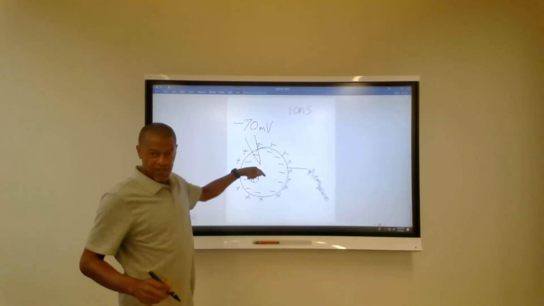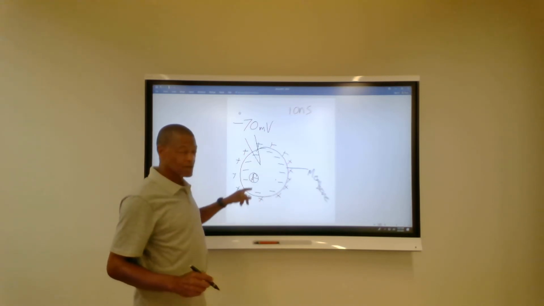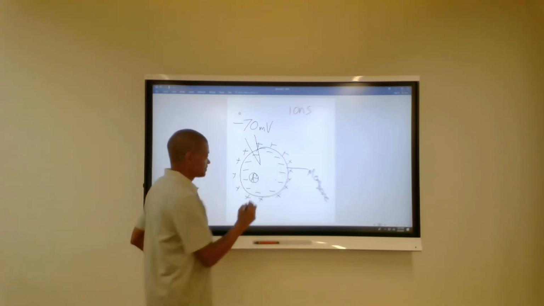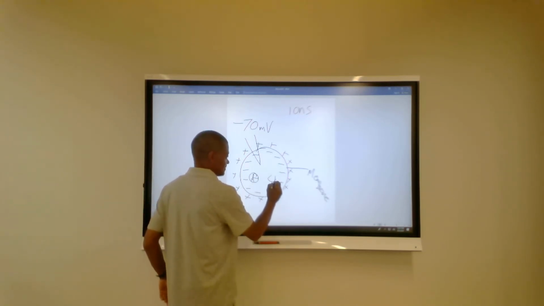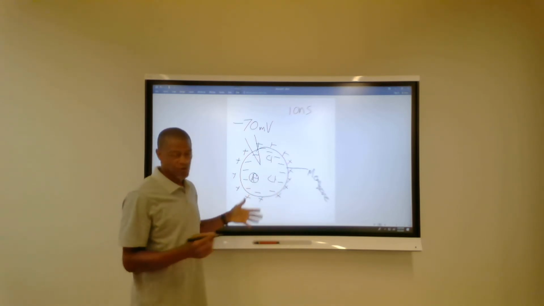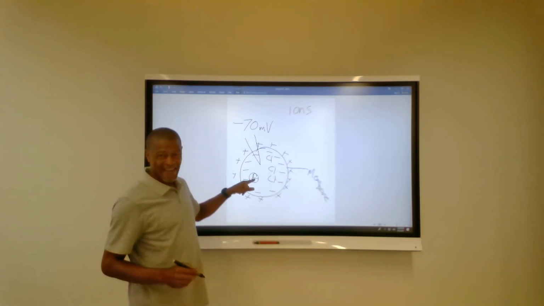you put the electrode inside, you measure the inside of the cell is primarily negative because of chloride ions along the membrane. Cl is chloride. And then a large anion.